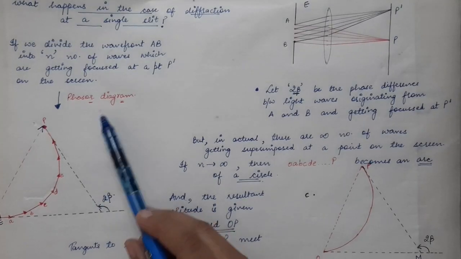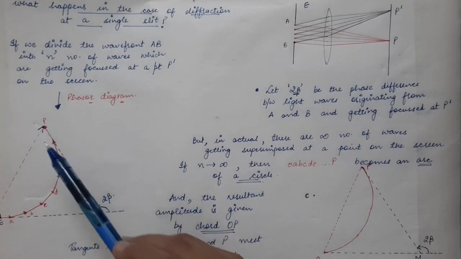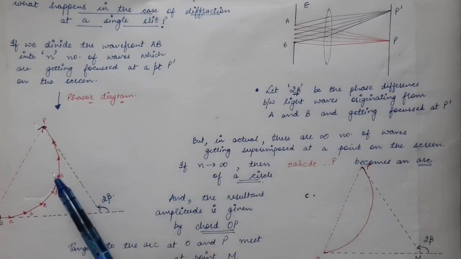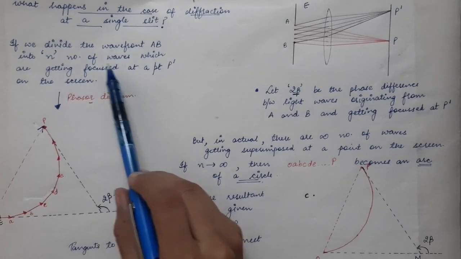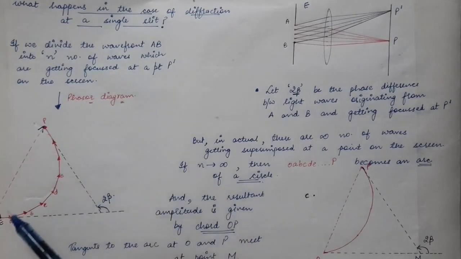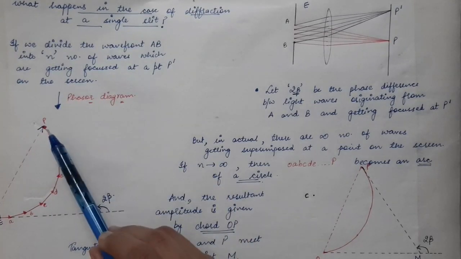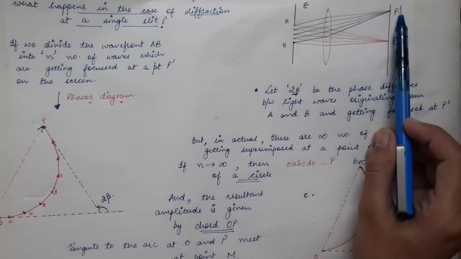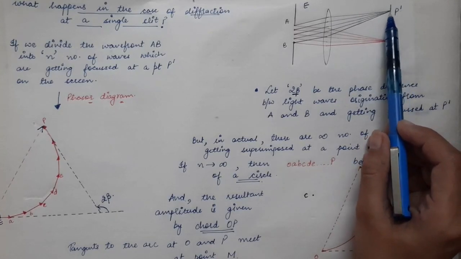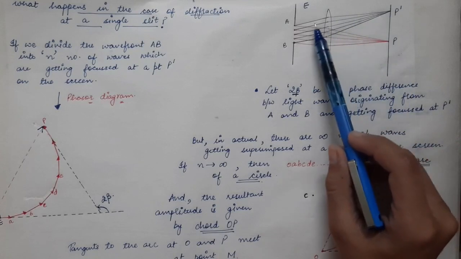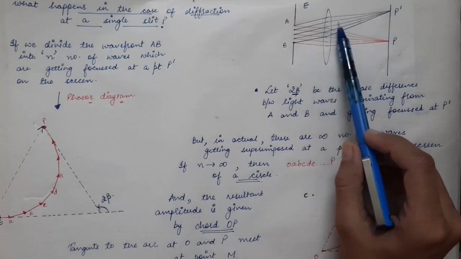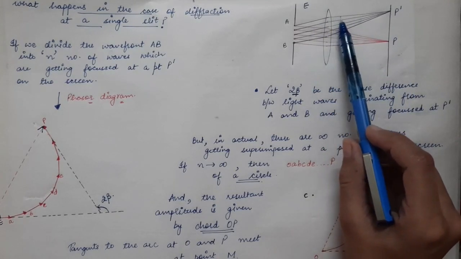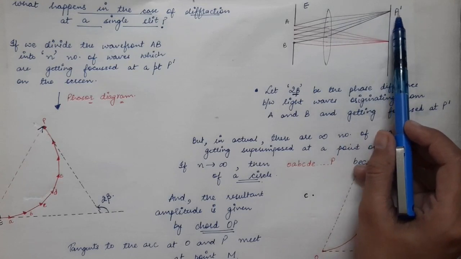Now this particular phasor diagram which we have drawn is for n number of waves. It is for a limited number of waves because we have drawn a limited number of vectors. But in the case of diffraction, if you consider P prime as the observation point on the screen, you will see there are not a finite number of waves, there are an infinite number of waves which will reach point P prime.